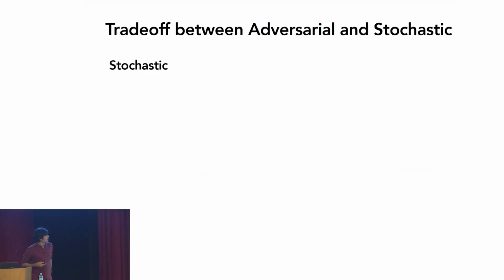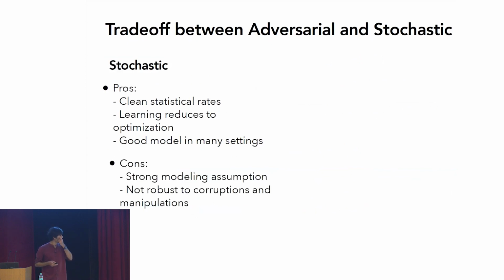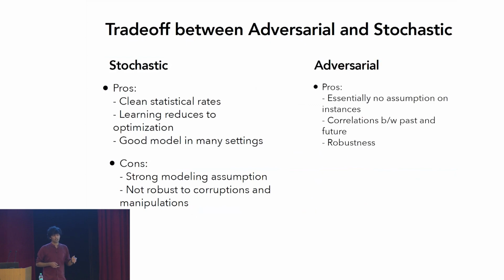Okay, so what do we want to do? So the stochastic setting is great. You get clean statistical rates, learning reduces to optimization, and it's a good model for many settings. The concern is this is a very strong modeling assumption, and by definition it's not robust to corruptions and manipulations. The adversarial setting, on the other hand, is great.